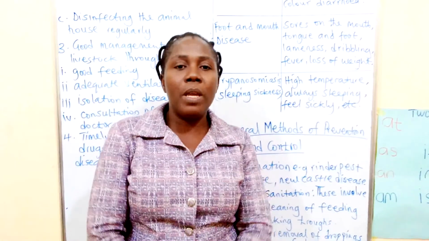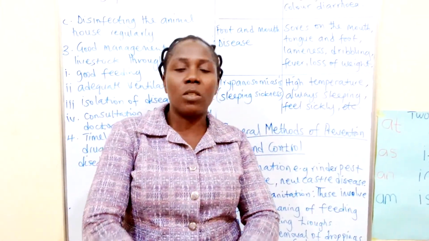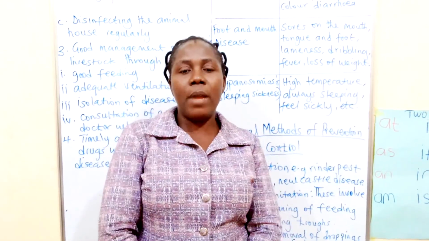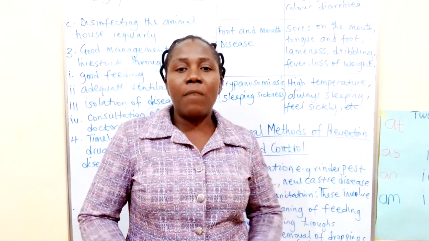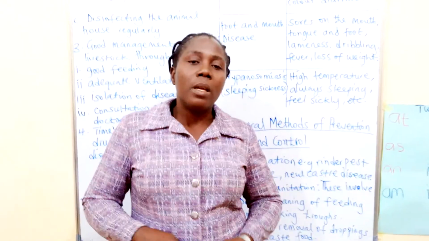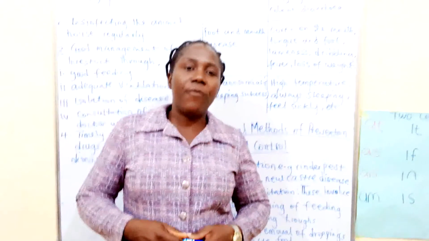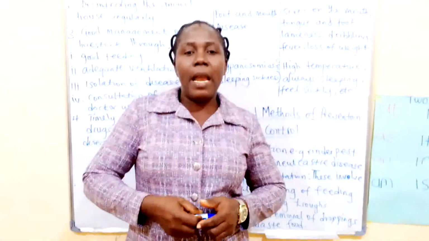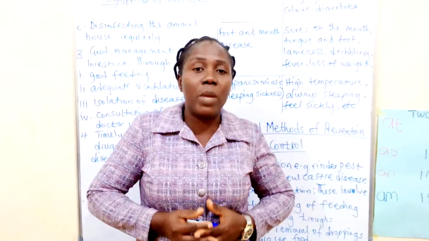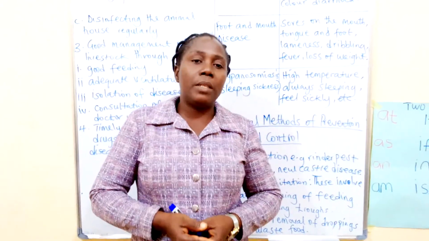Number two, there may be stooling. The person may have what is called cholera, diarrhea or dysentery, and can have a stomach upset. Then lastly, eating an animal that has been infected with a disease can lead to death.